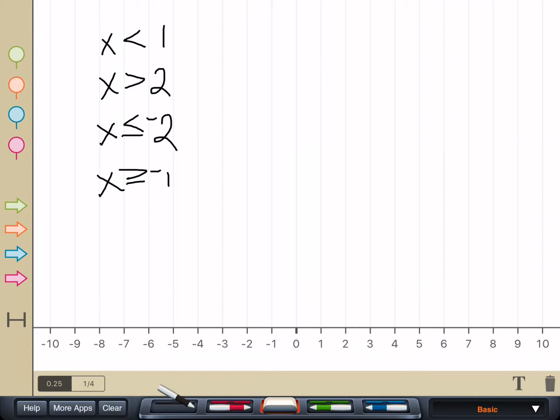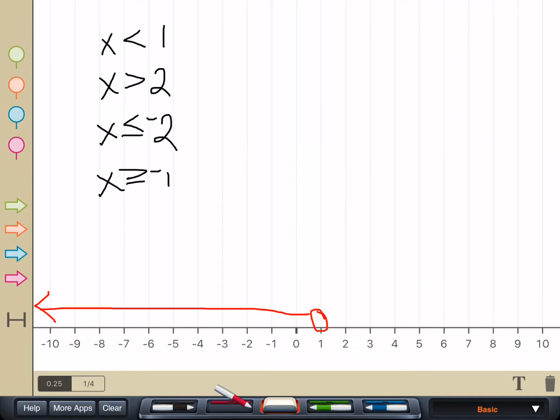So if I were to graph these, for the first one, x is less than 1, I'm going to put my boundary point where the 1 is, and I'm not going to color it in because x is values that are less than 1 but not including 1. Okay? And less than 1 is this way.